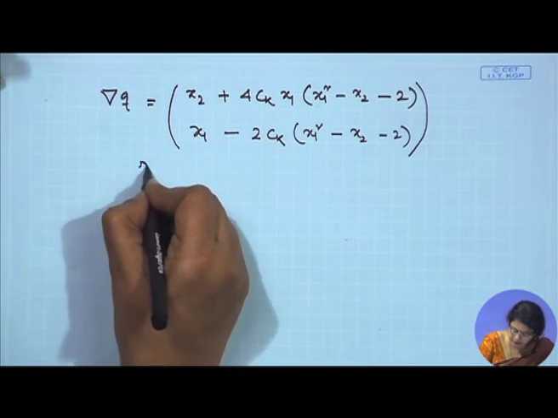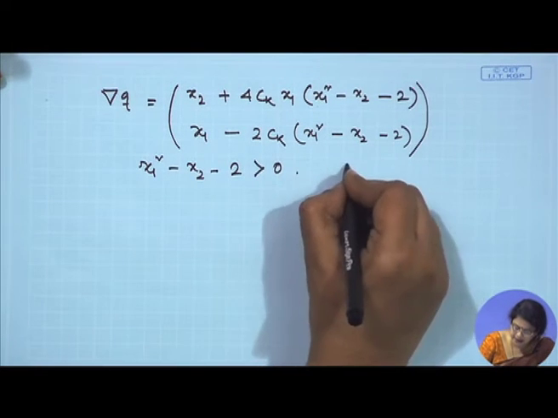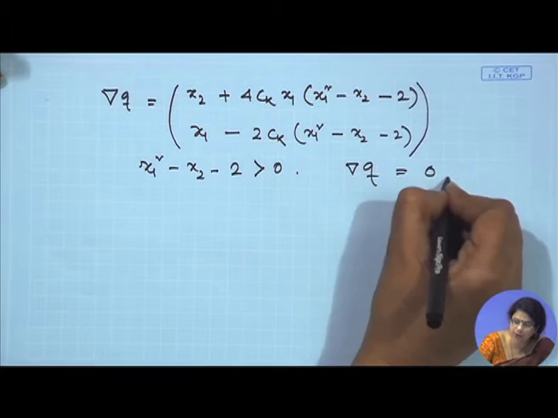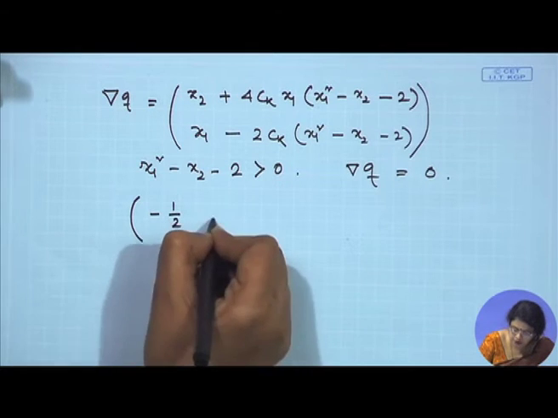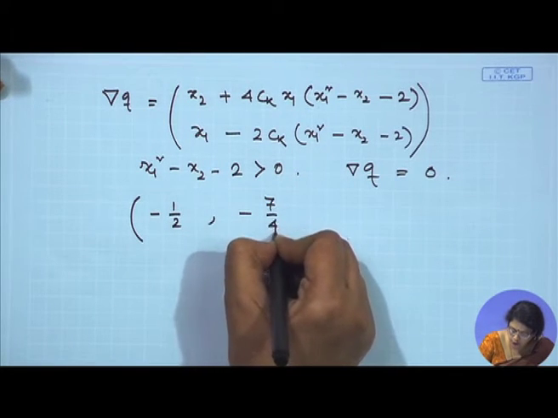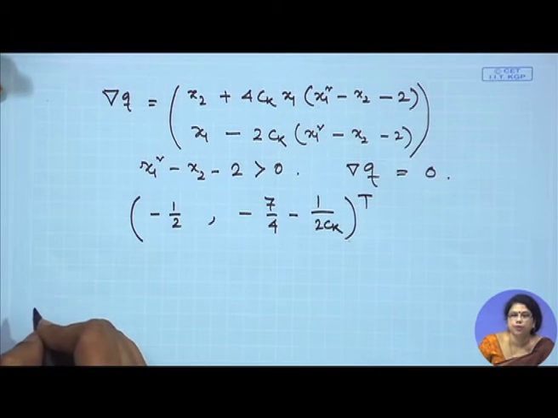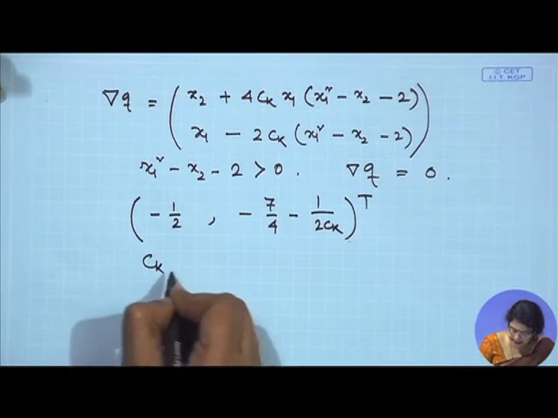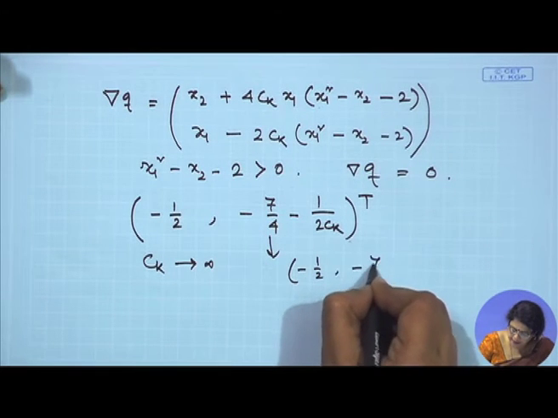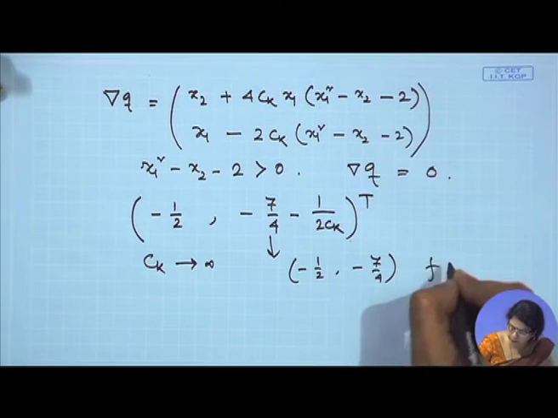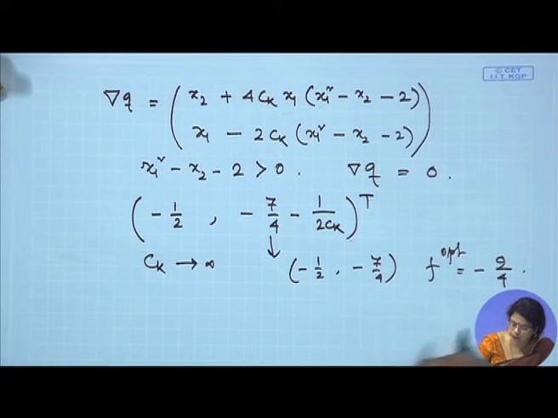Now if x1 square minus x2 minus 2 is greater than 0, and we equate the gradient of q to 0, then we get the tuple as (minus half, minus 7 by 4 minus 1 by 2 Ck) transpose. Now as Ck tends to infinity, this point will tend to (minus half, minus 7 by 4), and the corresponding optimal value of x1 plus x2 is minus 9 by 4.